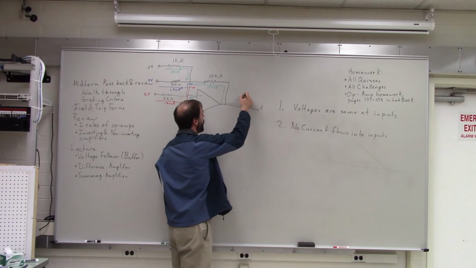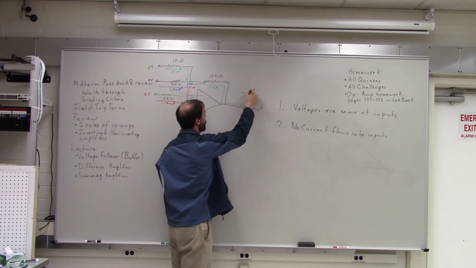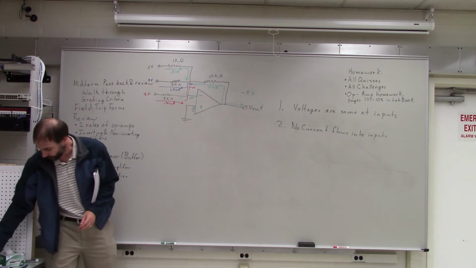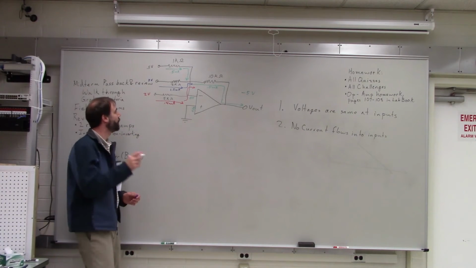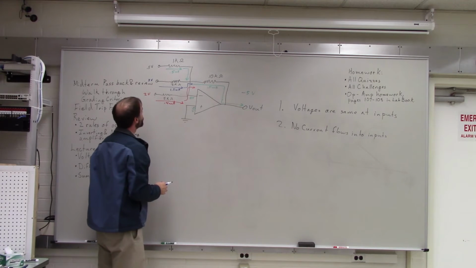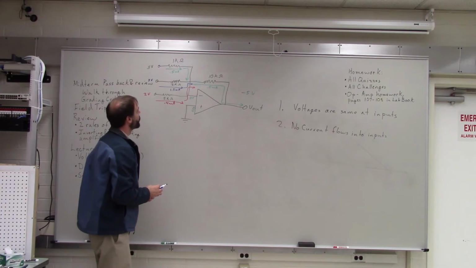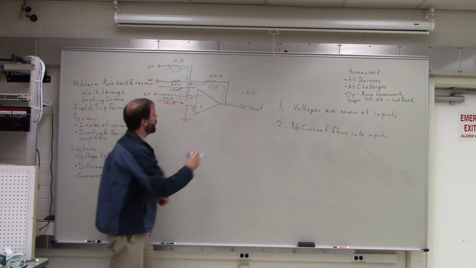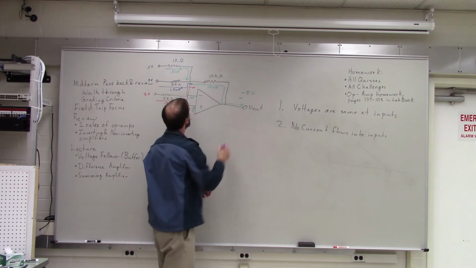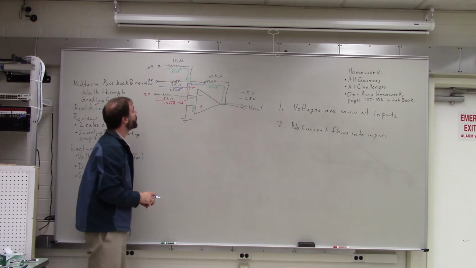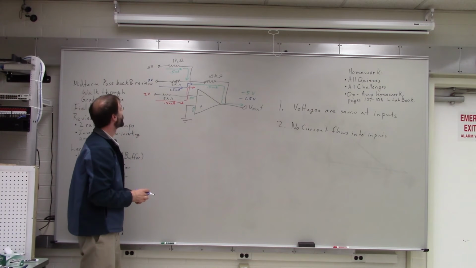That would be an output voltage of minus 5 volts. If we only had the second one, we would have 1.5 milliamps. So that would be an output voltage of minus 1.5 volts. Right?